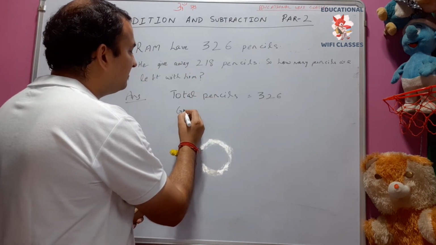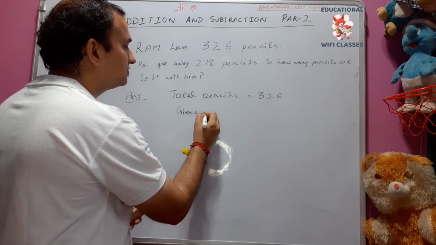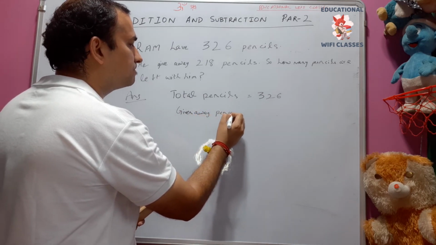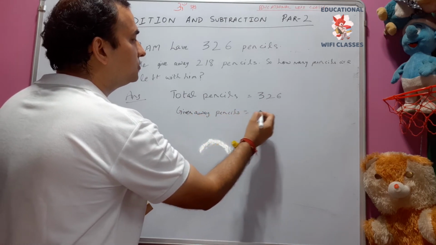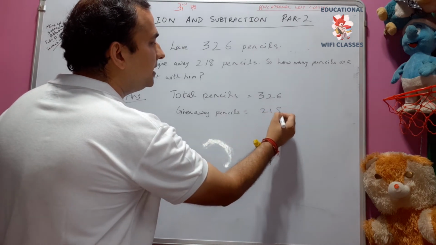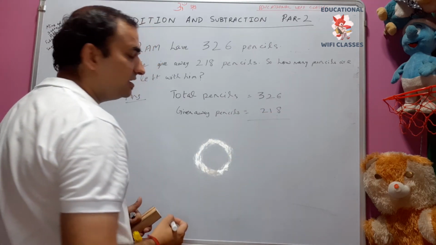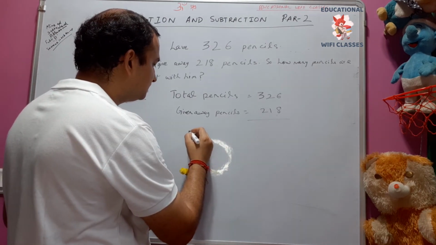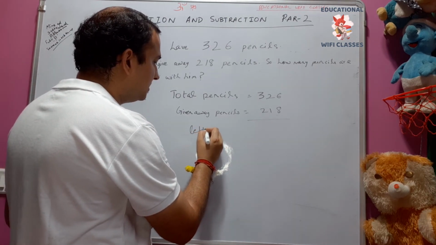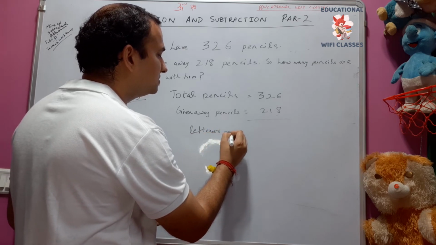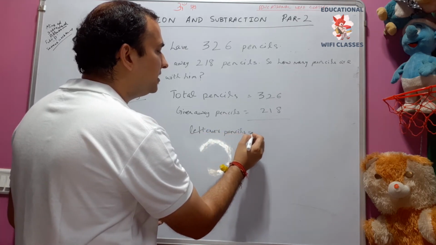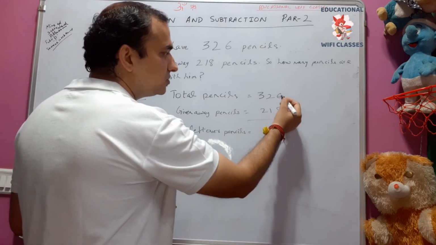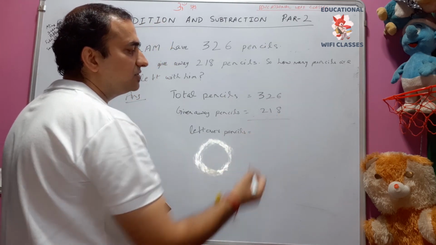So given away pencils is equal to 218. So we need to find the difference. So left pencils, how many? He is left with how many pencils? Pencils left with him is equal to, we will minus these two figures.